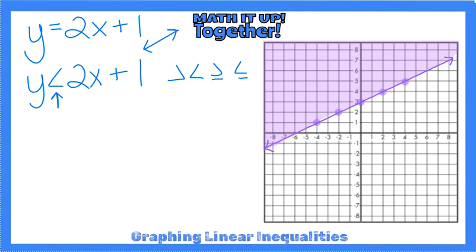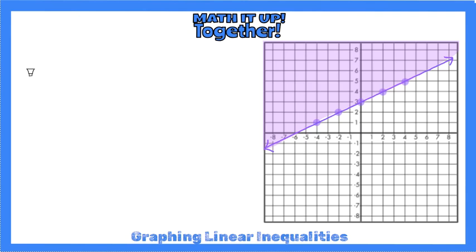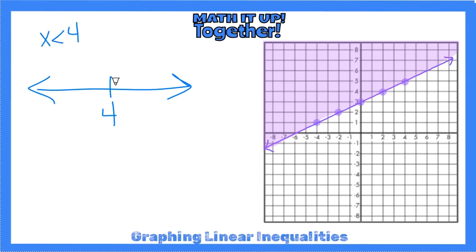So to start off, we want to think about what it means on a number line. So when we have a number line and we say x is less than 4, we know that we use an open circle on 4 because 4 isn't part of the answer.